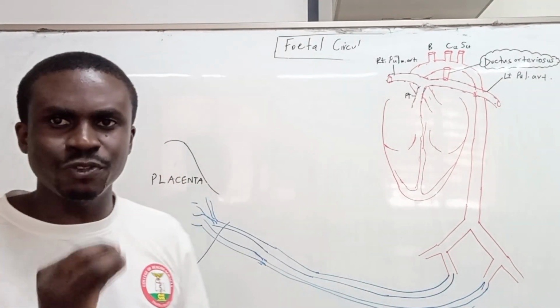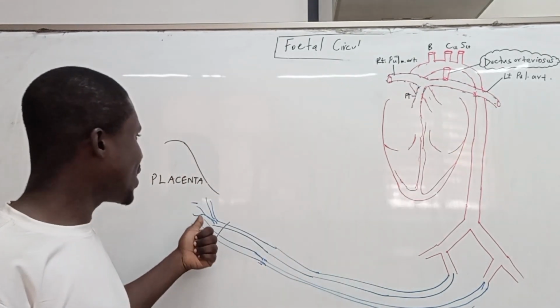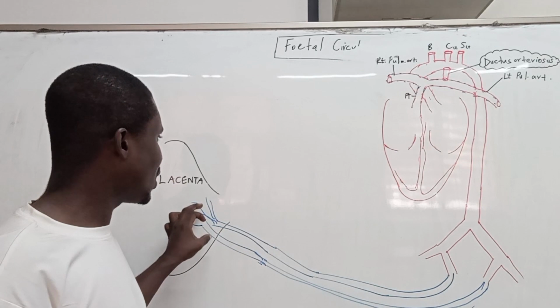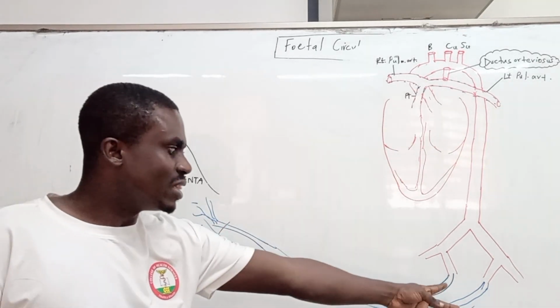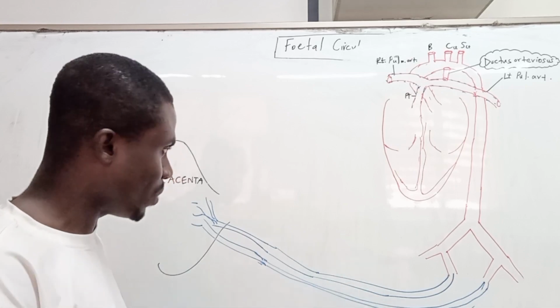Now the placenta too, one thing is that it is not only going to give us, it's not only going to receive these, left and right. Now I want you to know about this one.